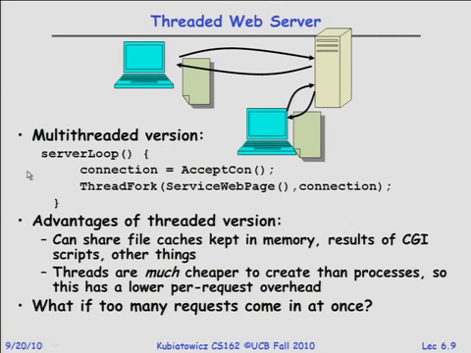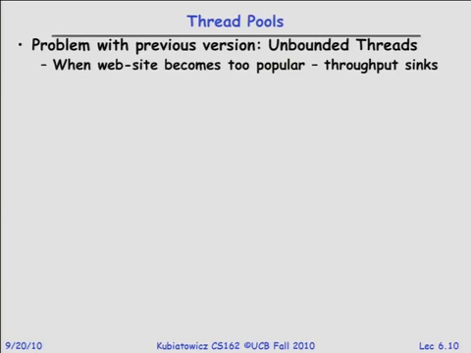We could do something called a thread pool. So the problem with the previous version is the unbounded thread problem. And so what do we do? We bound the threads. Okay, so we say, well, instead we allocate a pool of threads. And that's the maximum level of multi-programming we want going on at any time, 10, 20, whatever the number is. Okay, and so here would be our basic example.